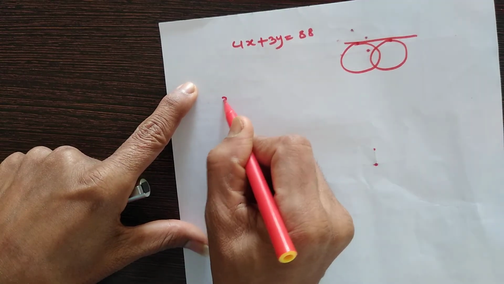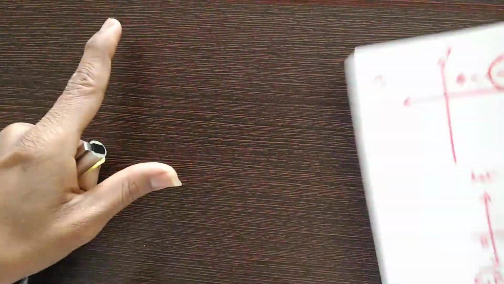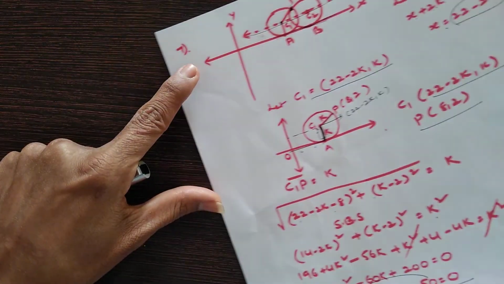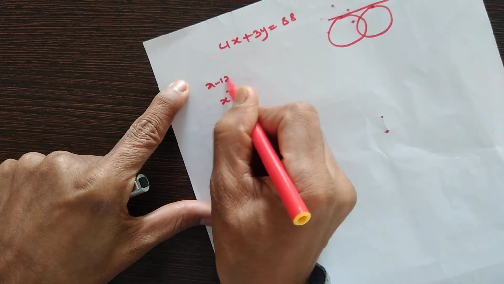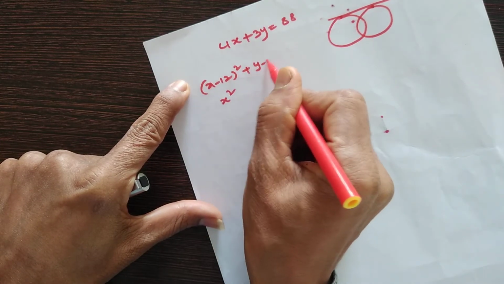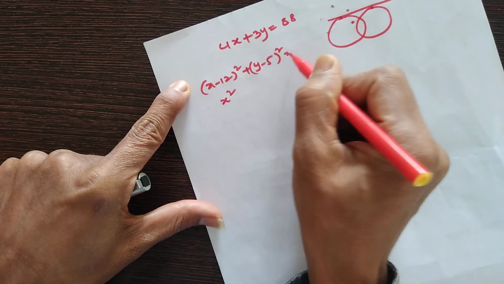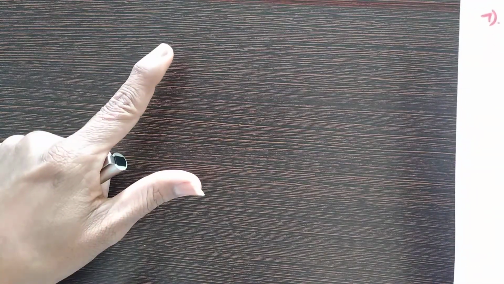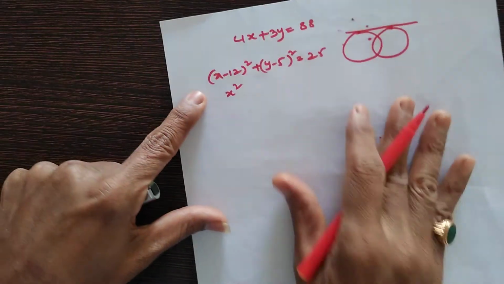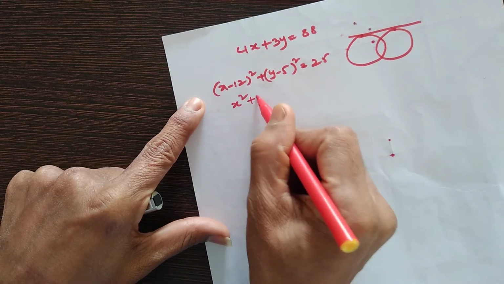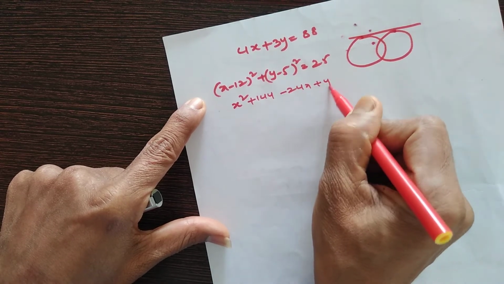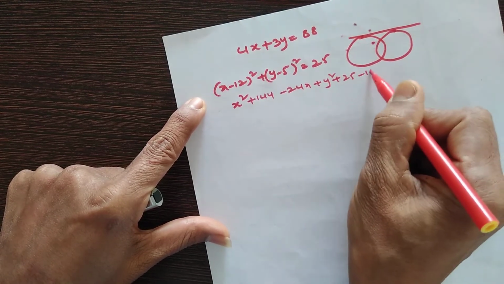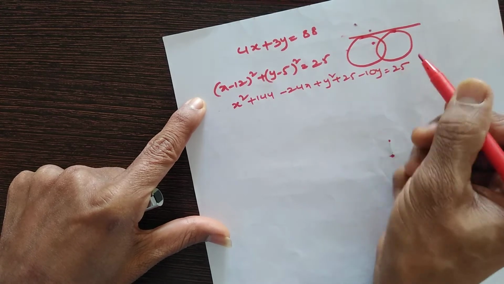See here, the circle equation you got is (x minus 12) whole square plus (y minus 5) whole square equals 5 square, which is 25. Now simplify this. 144 minus 24x plus y square plus 25 minus 10y equals 25.